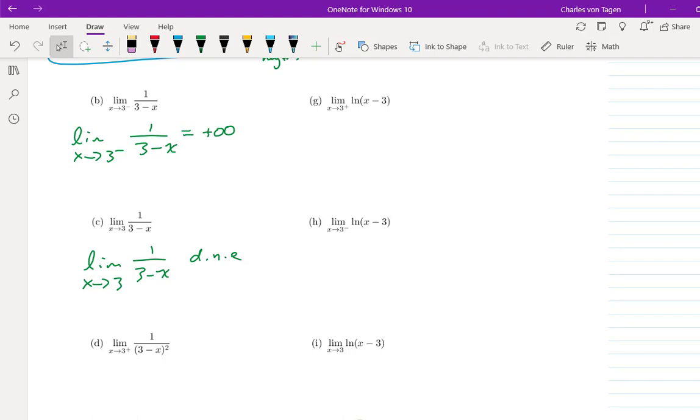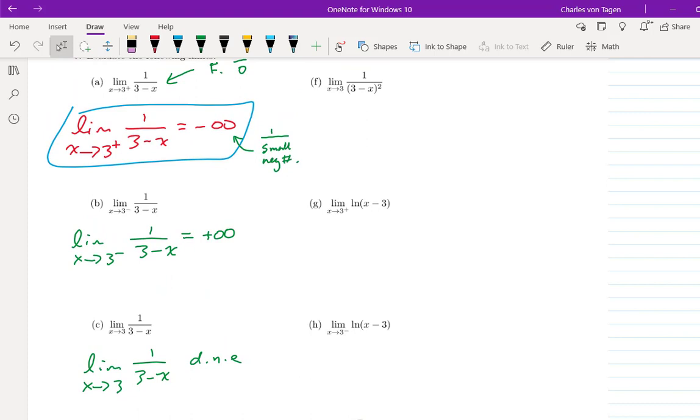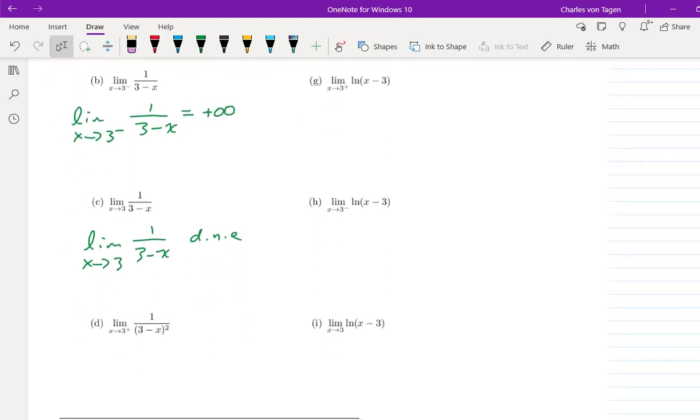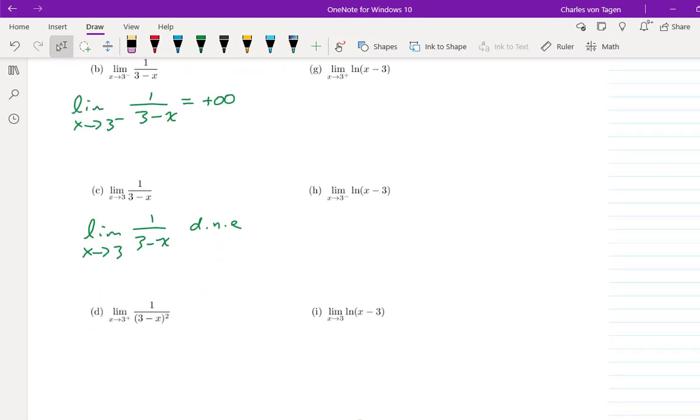If I gave you a test question and I just asked this, you would need to show the limit from the right is negative infinity, and the limit from the left is positive infinity, and then you could conclude that the limit doesn't exist. I'm not going to make you write all this work again in this sequence of 3 problems because it would be repeating some of it. But if it was a standalone question, you have to show the left and the right-hand limit disagree.